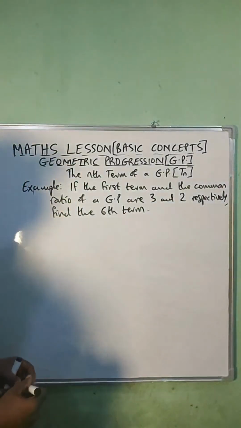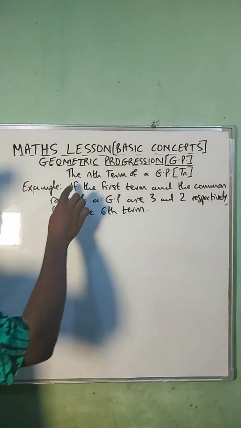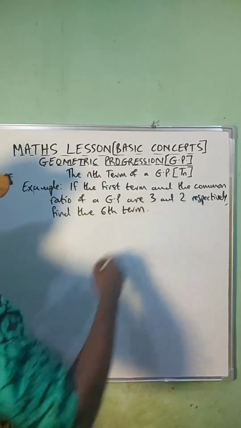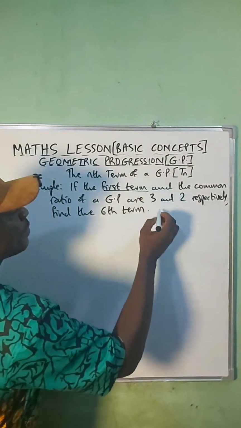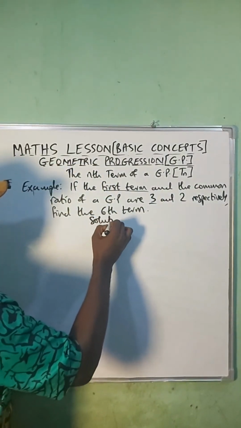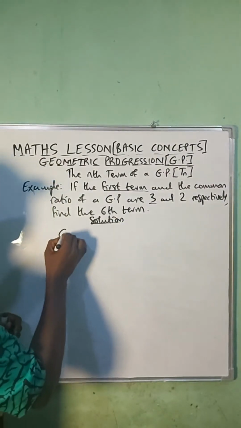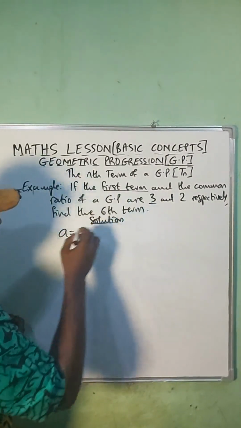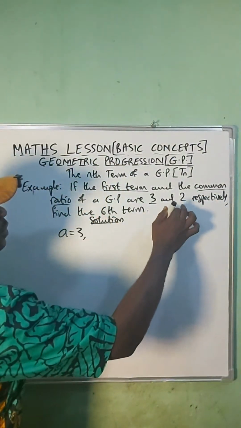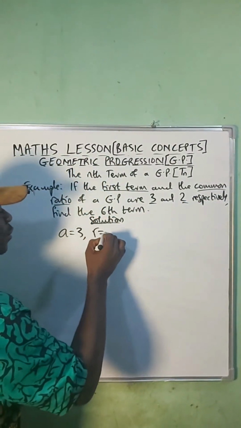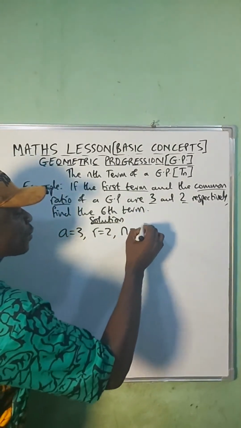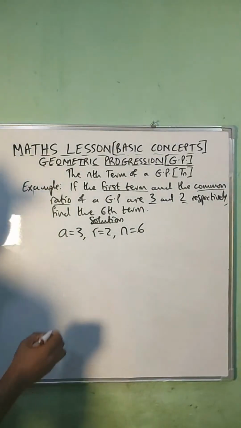I have a question like this. Solution: A, the first term, is 3. Then the common ratio is equal to 2. They say find the sixth term, so n is equal to 6.